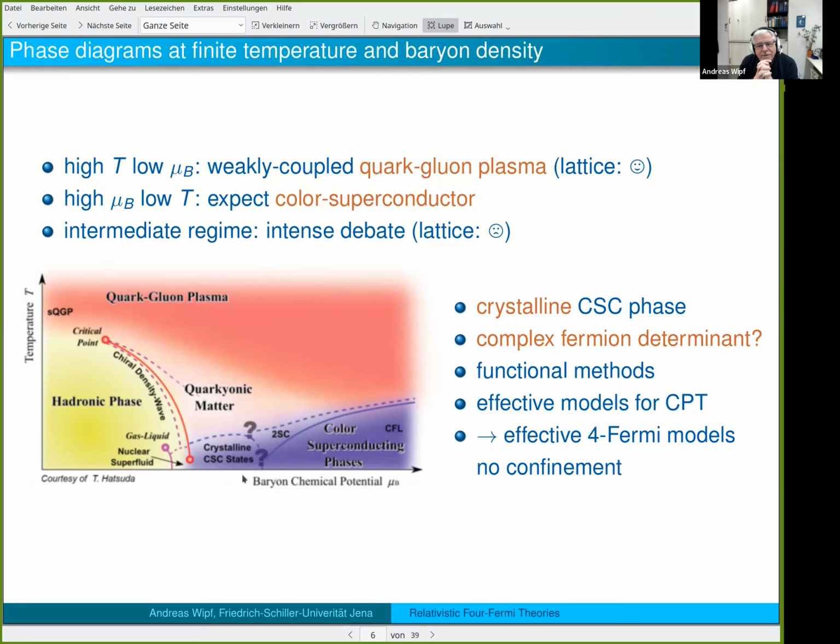As I said, this theory is non-renormalizable, and what is later on important is that you can write down a completely equivalent formulation in terms of auxiliary fields. In this case, it's the sigma field and the pions. The price you pay is that the Dirac operator is not free anymore, but contains these auxiliary fields, and then an additional square of these auxiliary fields.